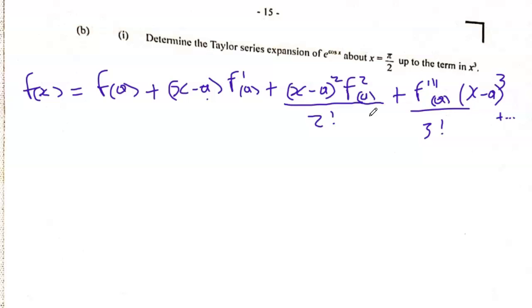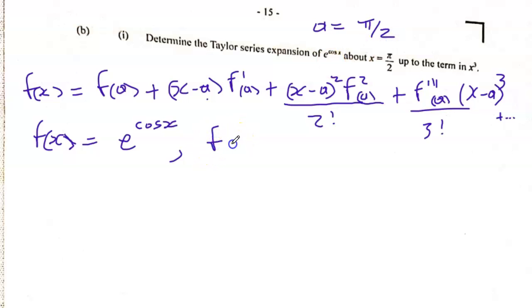Alright. So remember, f of x is equal to e to the cos x, as we are told. So let's use that and let's find f of a. Of course we're using a to be pi over 2. So f of a is f of pi over 2, or 90 degrees in degrees.